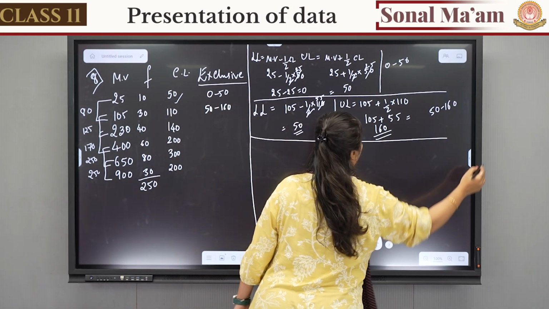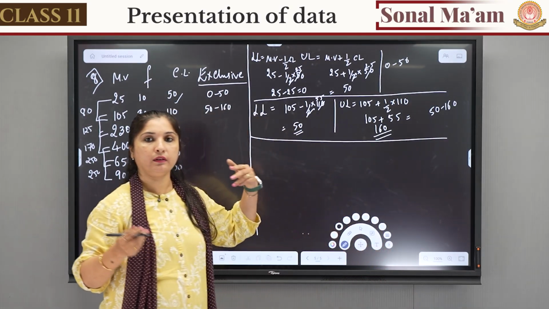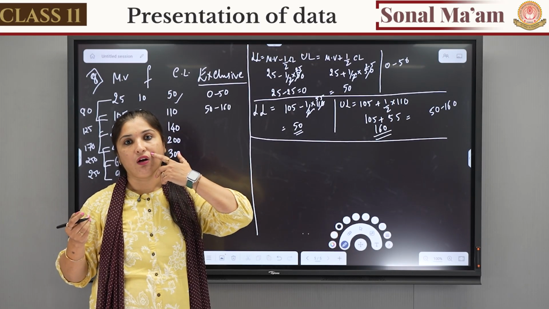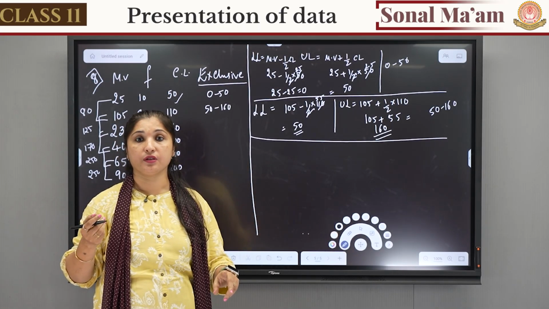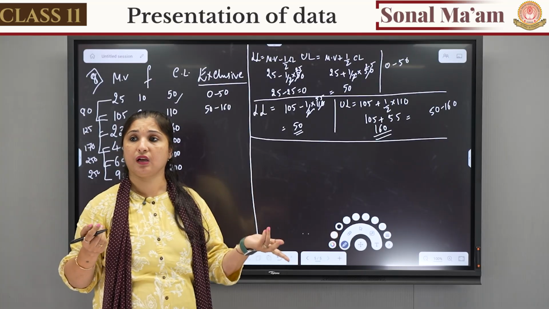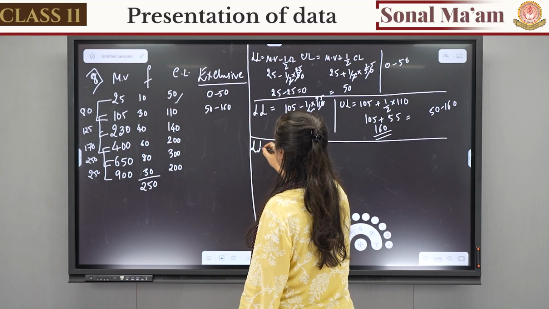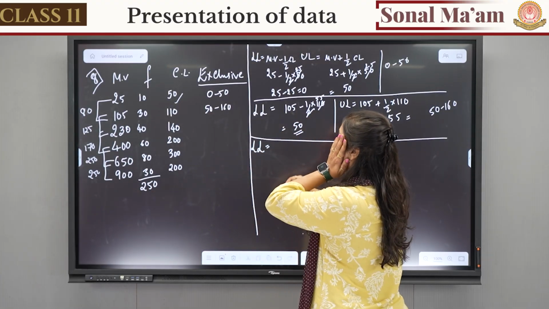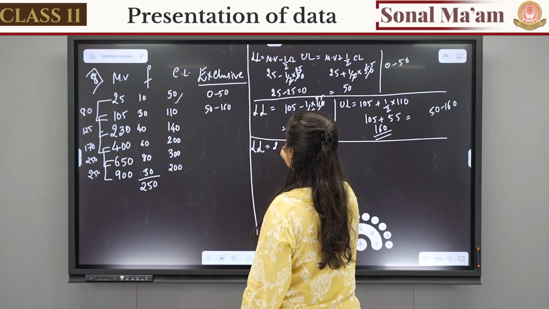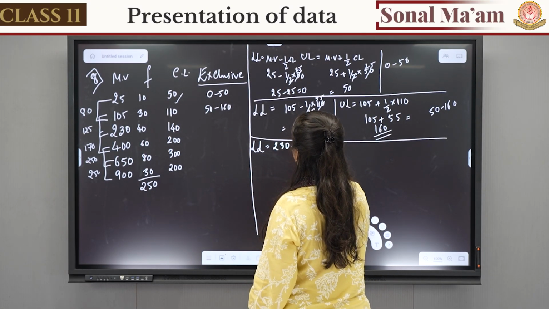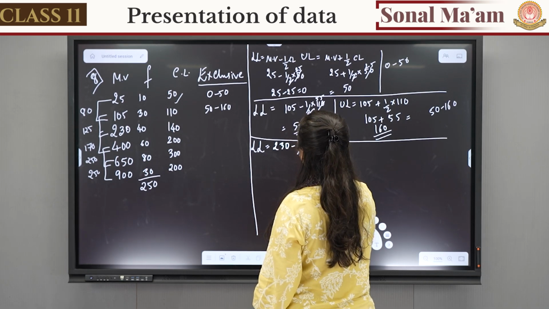Now twice I have done. Can I write the next one? No, we cannot write it, because the class length is also different and the mid values are also different. You have to find it every time. Okay, let's see the next one. The mid value is given to you, 230 minus half, and the class length is 140.